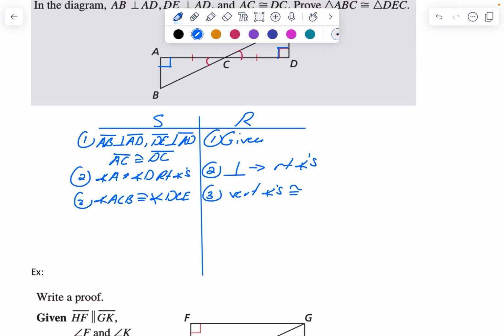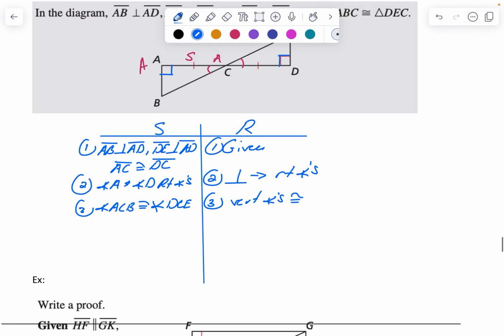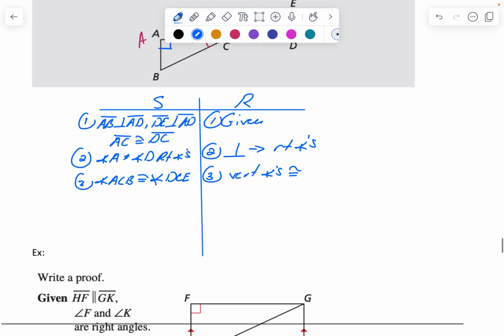But we don't have hypotenuse leg here, do we? What we want to say is angle, side, angle. Do you see that? So we have to say that those right angles are congruent because ASA means that you have a pair of corresponding angles congruent, corresponding sides congruent, corresponding angles congruent in that order.